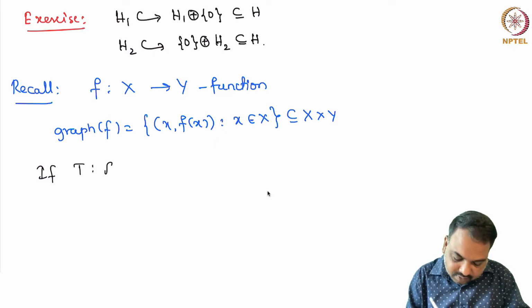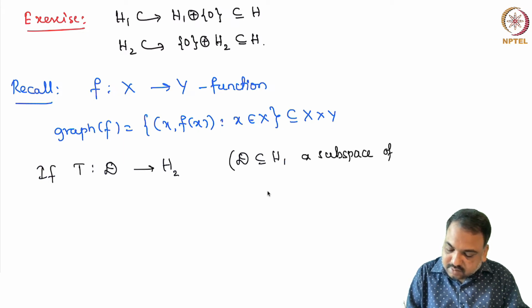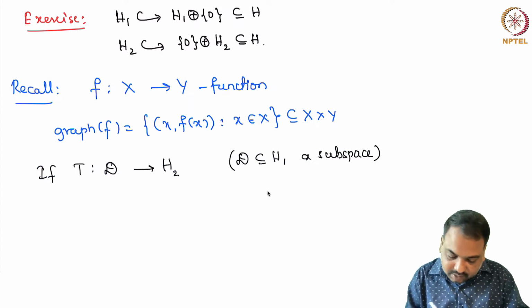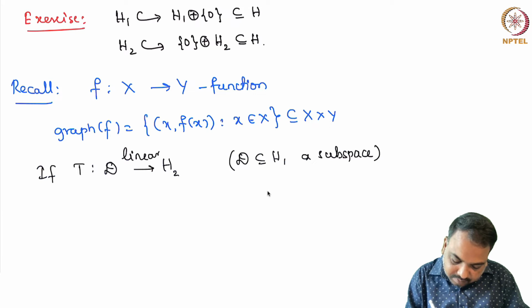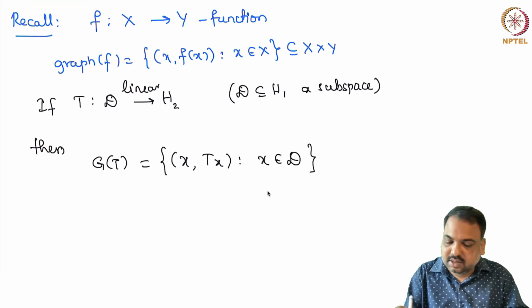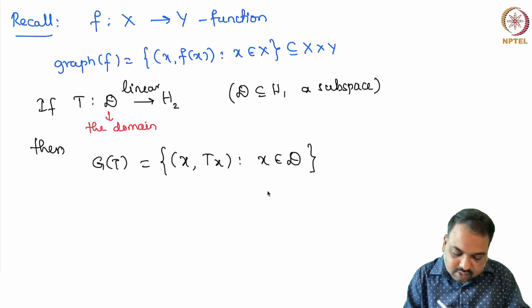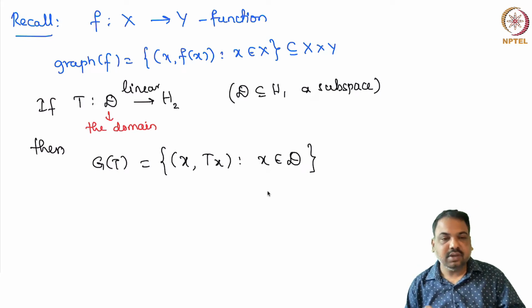If T is from D to, let us say H2, where D is a subspace of H1, and suppose this is linear, then the graph of T is the set of all (x, Tx), where x is coming from D. Here D is known as the domain of T. So the domain is nothing but the set of all x in H1 where Tx is well defined.